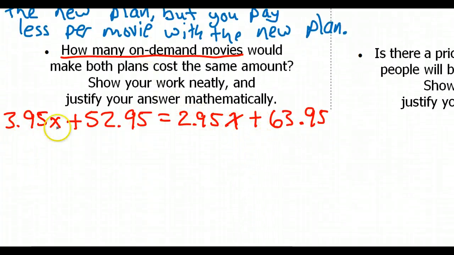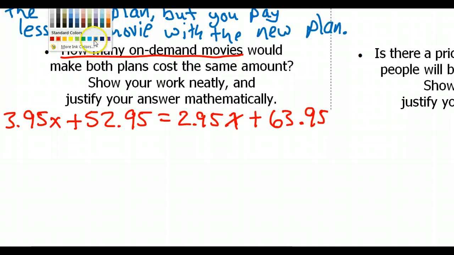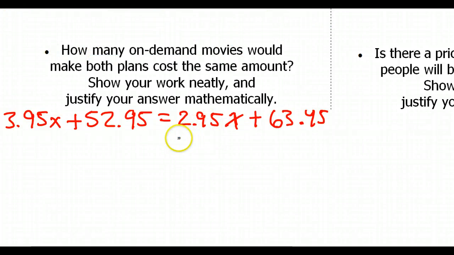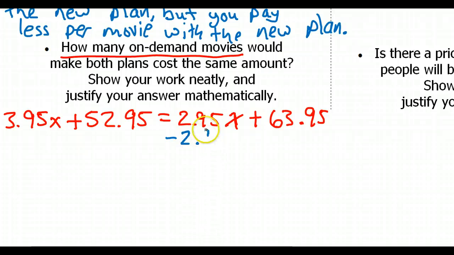What did I tell you to do anytime you have x's on both sides of the equation? What did I tell you to do? Hopefully somebody said it. Anytime you have x's on both sides of the equation, I want you to subtract. I usually pick the smaller x and subtract that variable from both sides.